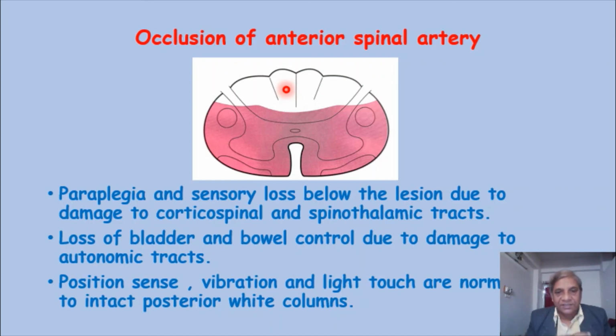It carries the conscious proprioceptive sensation, sense of position, sense of vibration and sense of light touch. They are intact because there is no damage in the posterior one-third of the spinal cord.